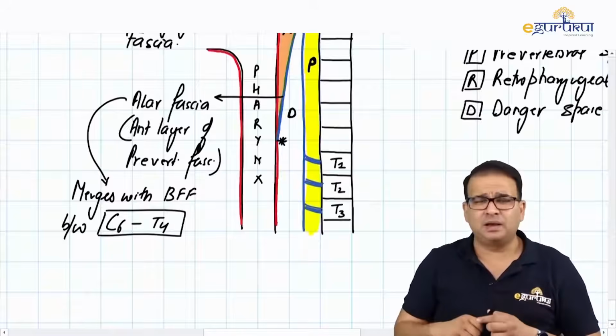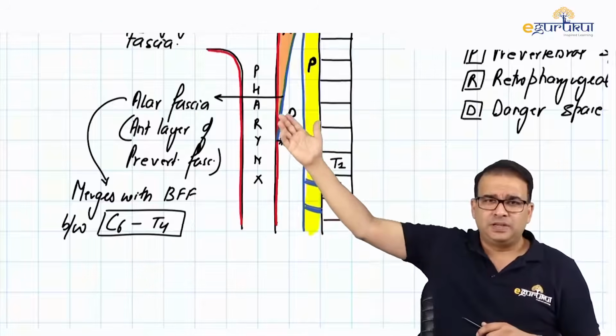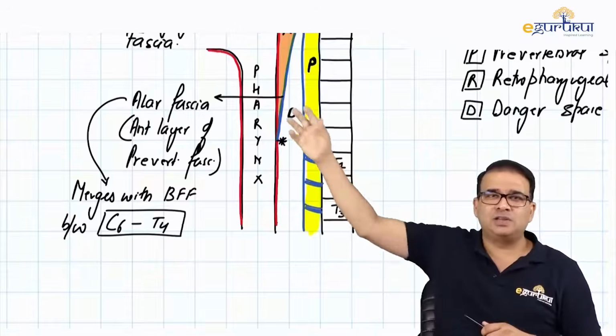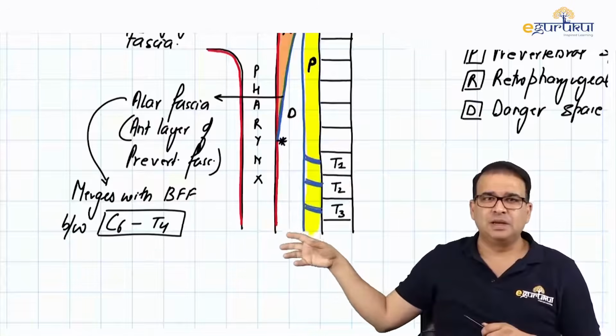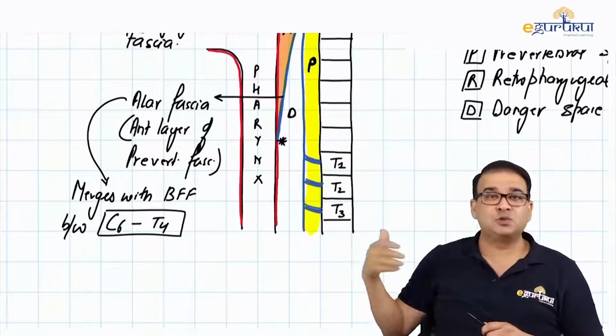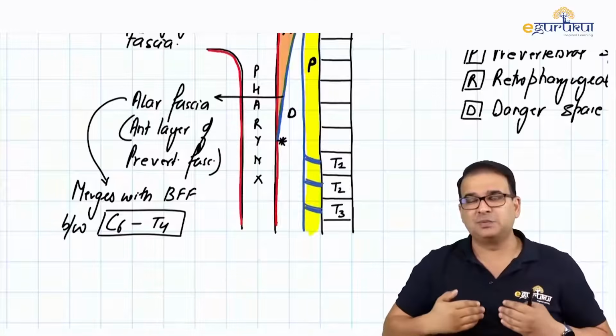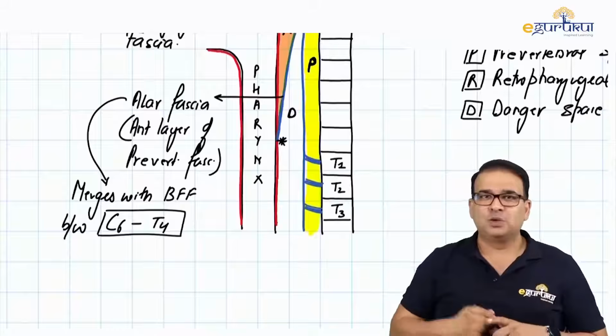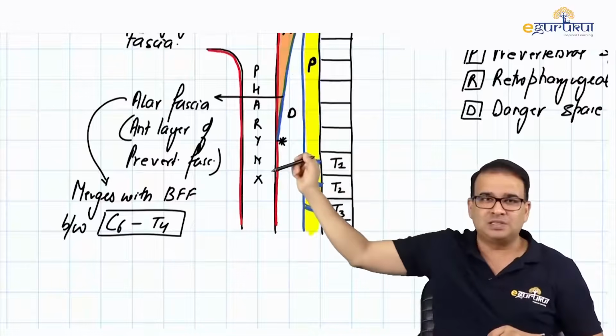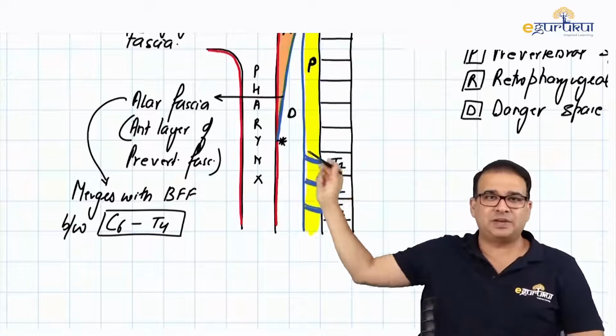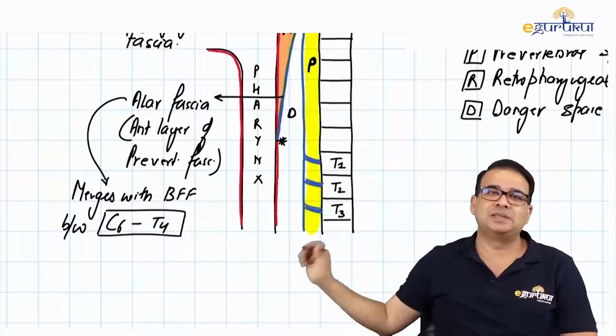In that case, you might argue that, okay, if it is going till T4, then obviously the retropharyngeal infection can also come into the mediastinum. Yes, it can, but it is still the superior mediastinum, because the posterior mediastinum starts after T4 only. So it can still only go into the superior mediastinum, not the posterior. Posterior mediastinum infection, only the danger space can reach there.